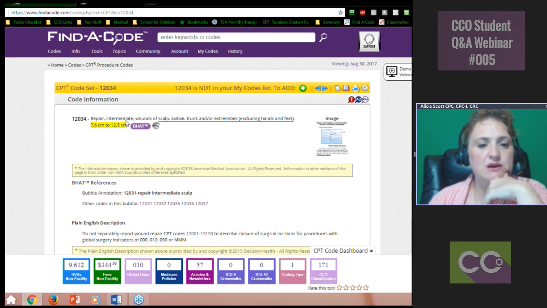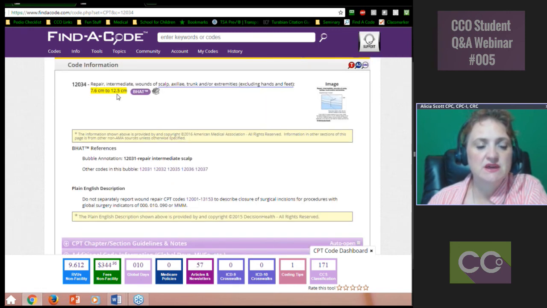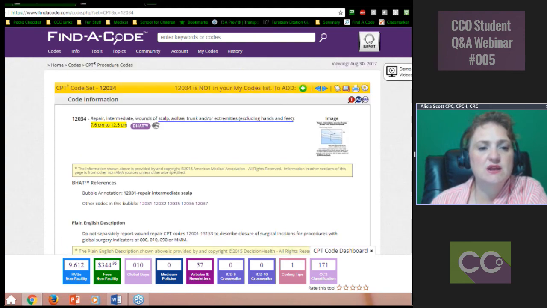Repair intermediate wound of scalp, axilla, which is under the arms, trunk, and extremities, including hands and feet. There is the BAT technique that we use that makes these different. And then it says, do not separately report wound repair CPT codes to describe a closure of surgical incision for procedures with global. Okay, that's good to know. But again, that's not the code we wanted.